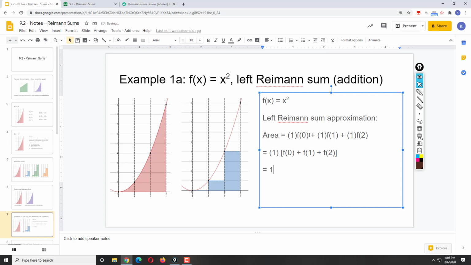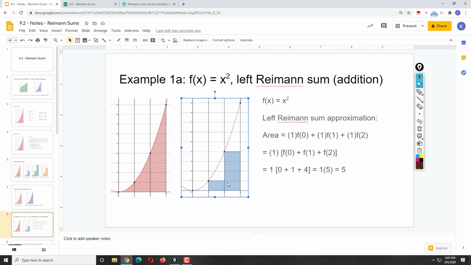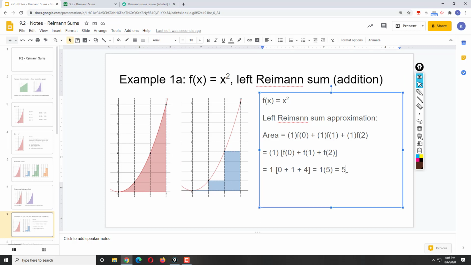That's going to equal 1 times f of 0 is 0, f of 1 is 1, and f of 2 is 4, because 1 squared is 1, 2 squared is 4. So it's 1 times 5, so it's equal to 5. So the Riemann sum, the sum of these 3 rectangles, the first one having no height, is equal to 5. That's the left Riemann sum.